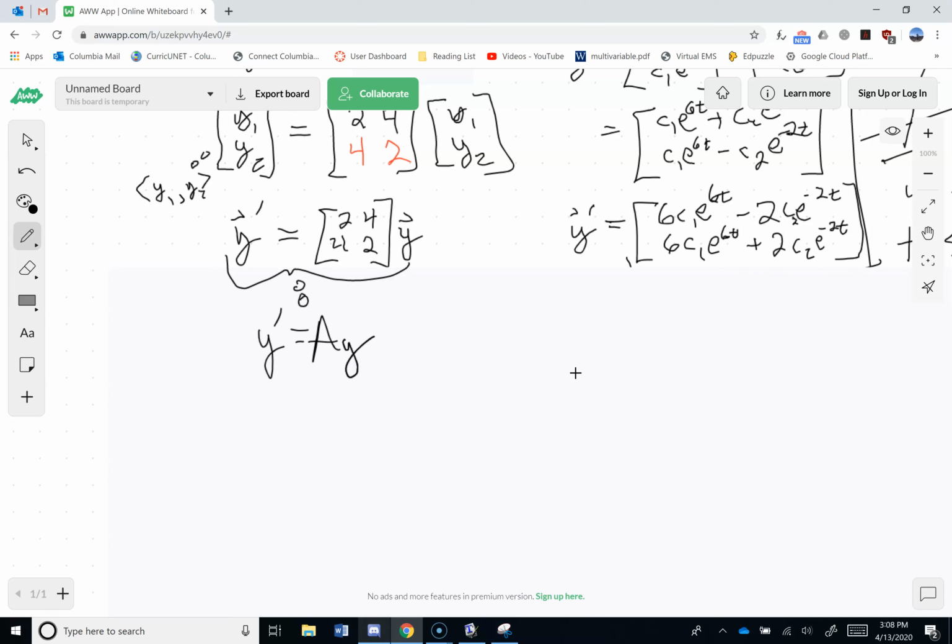And that makes me feel like I should be able to say something like, well, probably y is e to the at, maybe with a constant. Right, it's like some constant times e to the at.